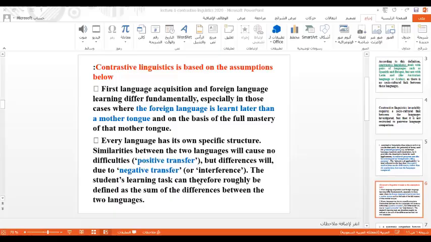So Chomsky says the child is born with innate ideas and mental faculties. What are these innate ideas? The innate ideas are the universal grammar rules. And the child is equipped with how to structure a sentence, how to structure a meaningful utterance through universal grammatical rules.